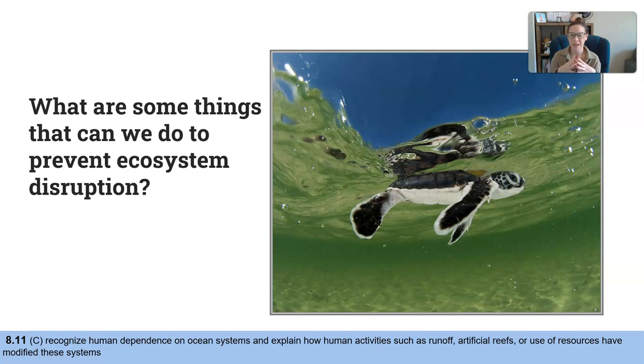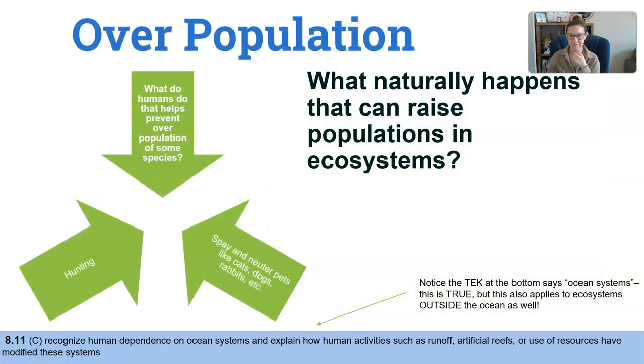There's also sanctuaries and conservation lands all throughout the earth that are helping to kind of set up barriers so that human disruption is limited. Okay. So those are just some to name a few, but we'll talk about what humans have done and can do further in another lesson this unit.